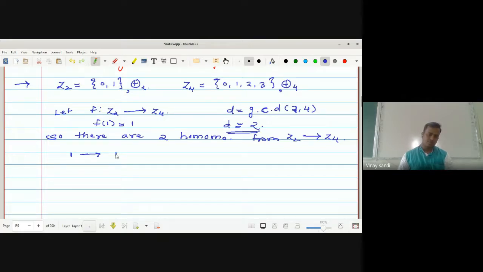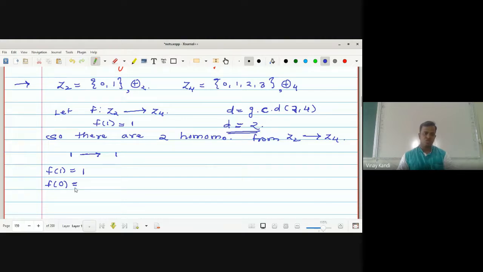Then which element remains? 0. f of 0 is equal to 0.